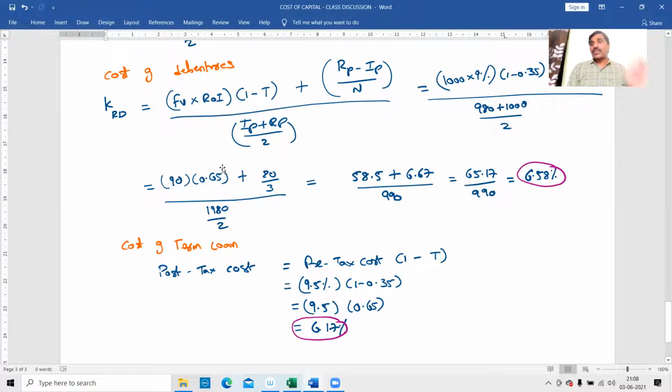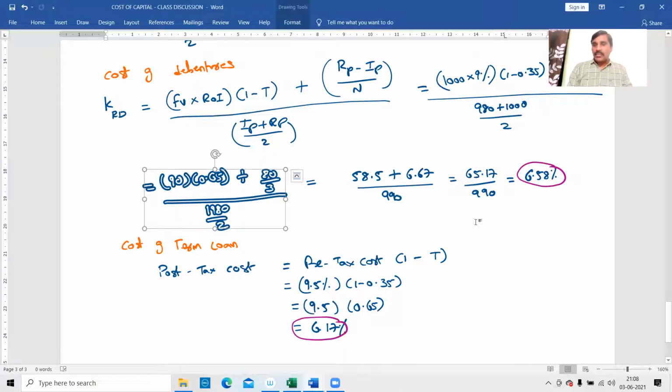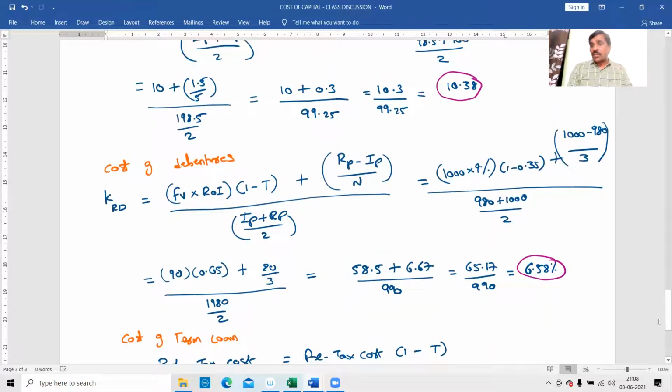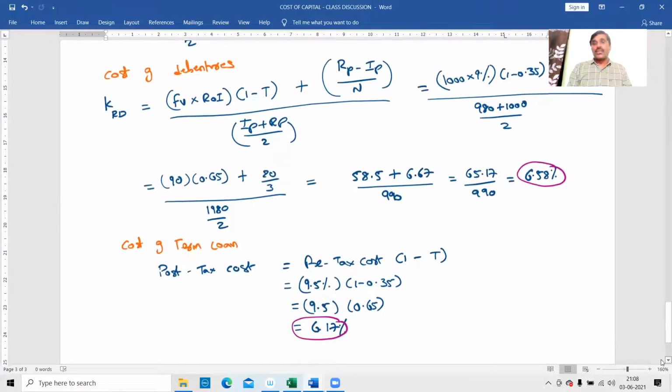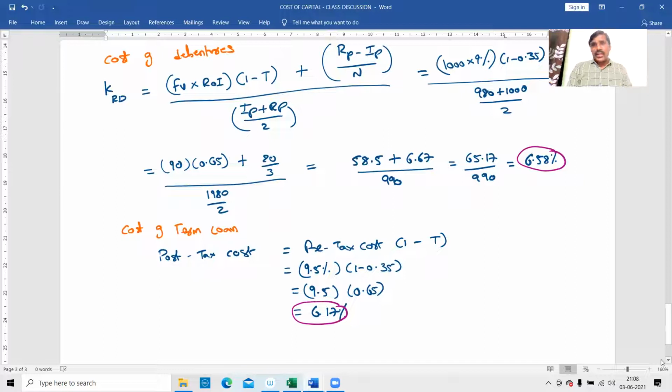Why? Because of the issue expenses, because of the underwriters' commission and merchant bankers' commission, they will charge a huge amount. Because of the issue expenses, the cost of debentures is more. Remember, for taking a bank loan also we have some expenses. That is called processing charges. Go and ask any person about a bank loan.